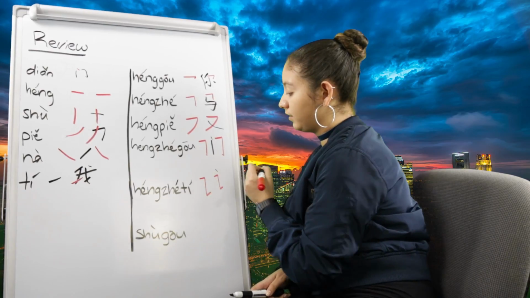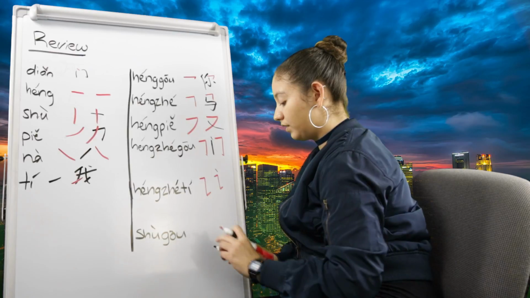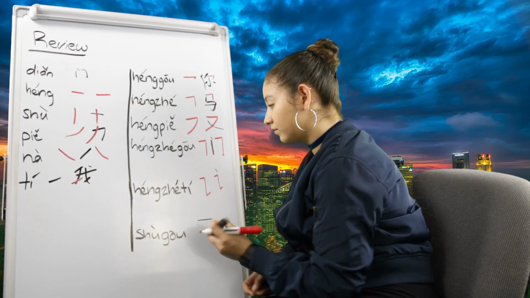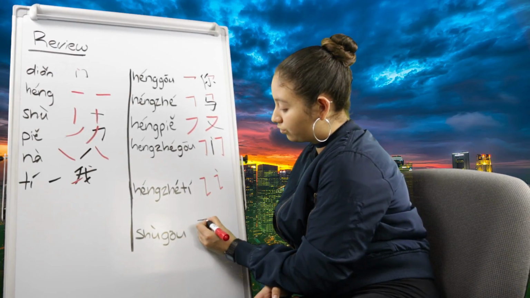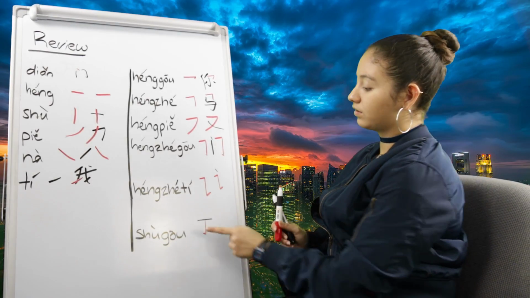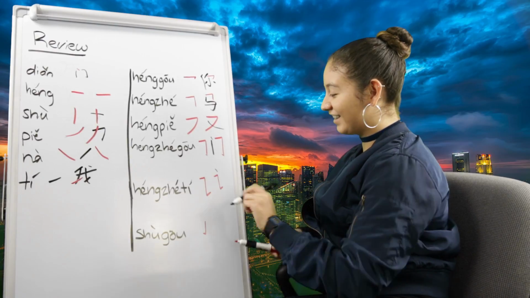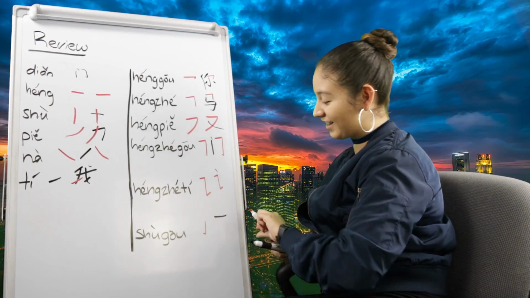Then we have Shu Go, which is here. That will be used right there. And then you would use it for a character such as that one that I just wrote.